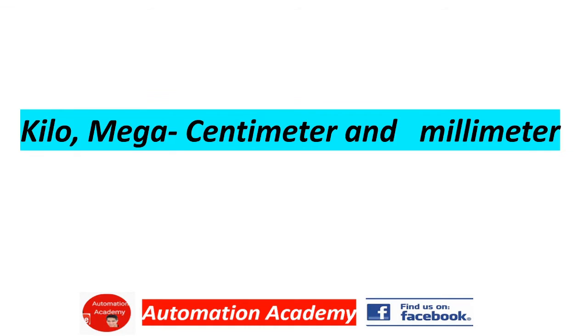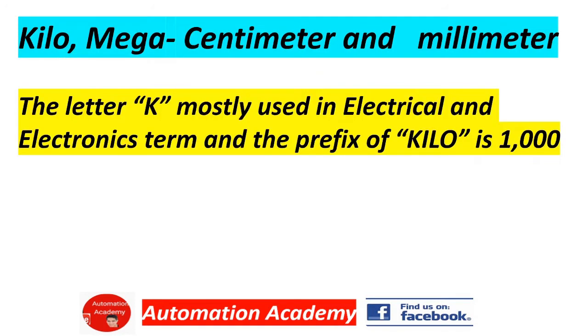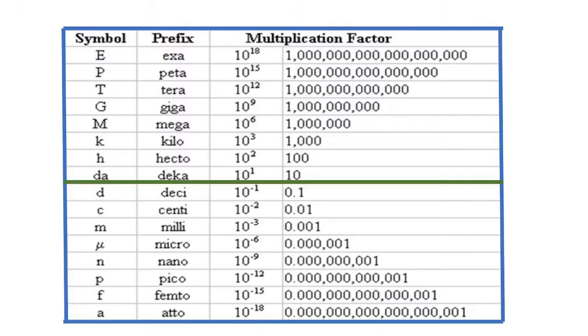Our next topic is kilo, mega, centimeter, and millimeter. The letter K is mostly used in electrical and electronics terms, and the prefix kilo is 1000. We have here a sample of symbol, prefix, and multiplication factor.